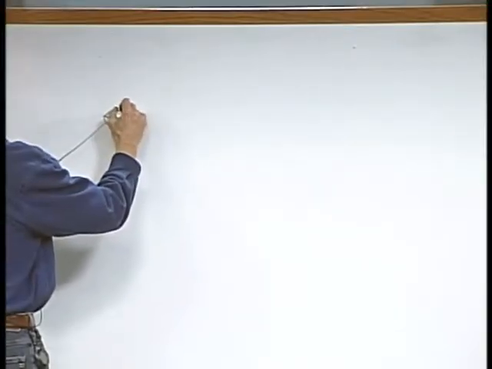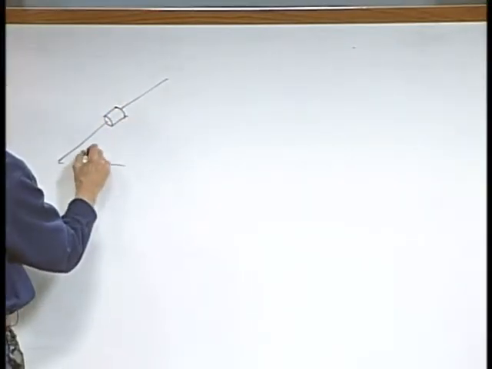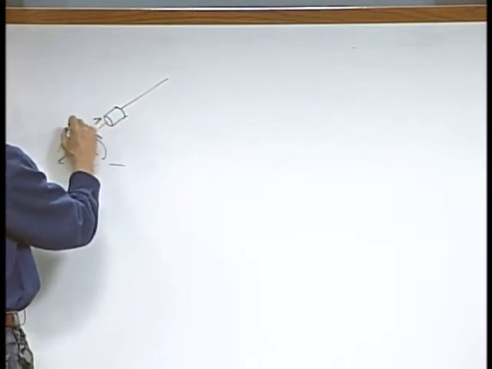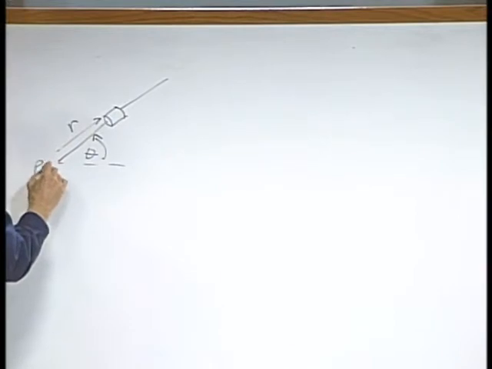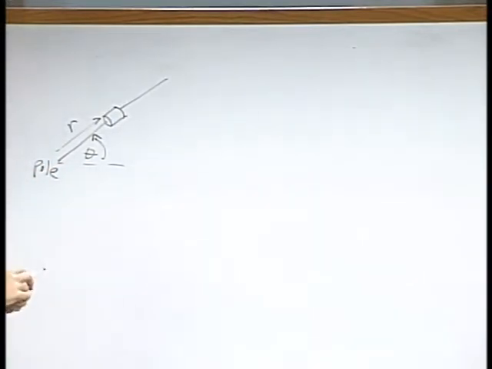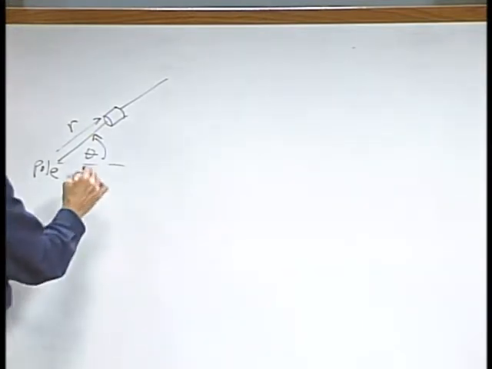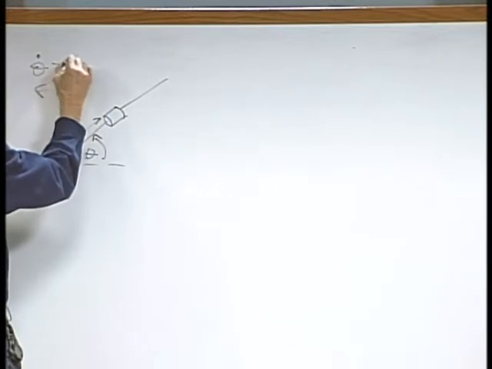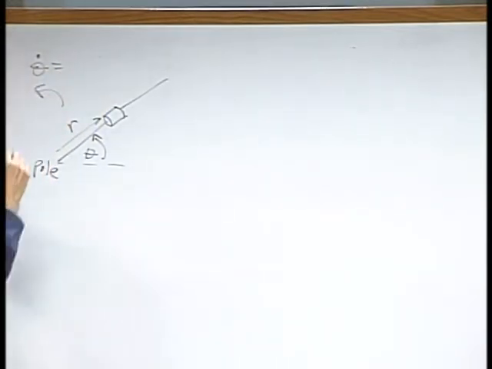Here's the slug on that rod at some angle theta, at some distance r from the pole. And the rate, theta dot, is given to us as 4 radians per second.